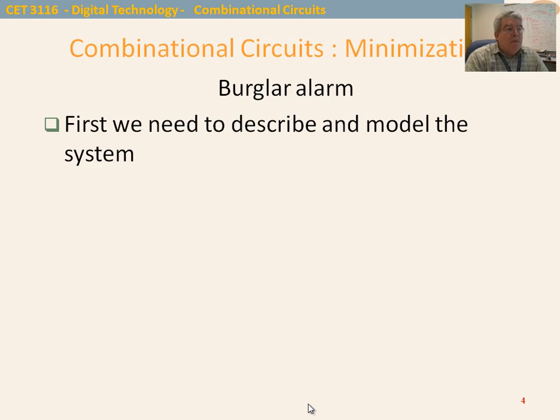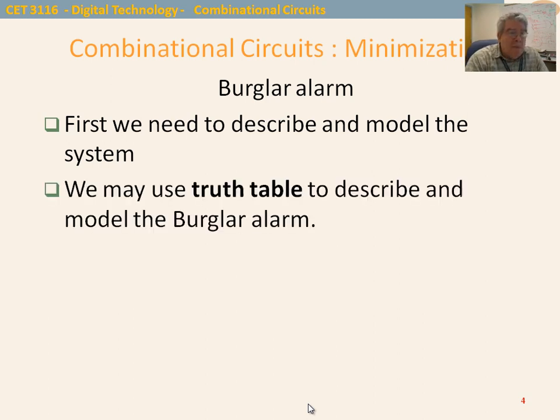How do we describe the model? Remember, it's pure logic. On one side you have sensors tied to the window and the door, and another input which is the setting of the alarm, either 1 or 0, and then you have the output. So only 3 inputs and one output.